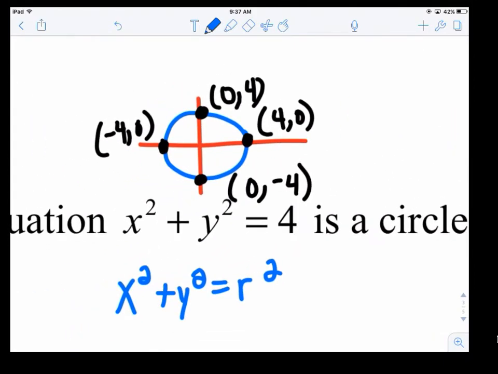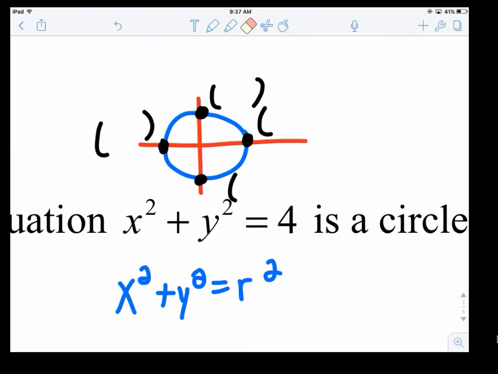So all of these points are actually, instead of (4, 0), it is (2, 0). All right, so now those points are more accurate.